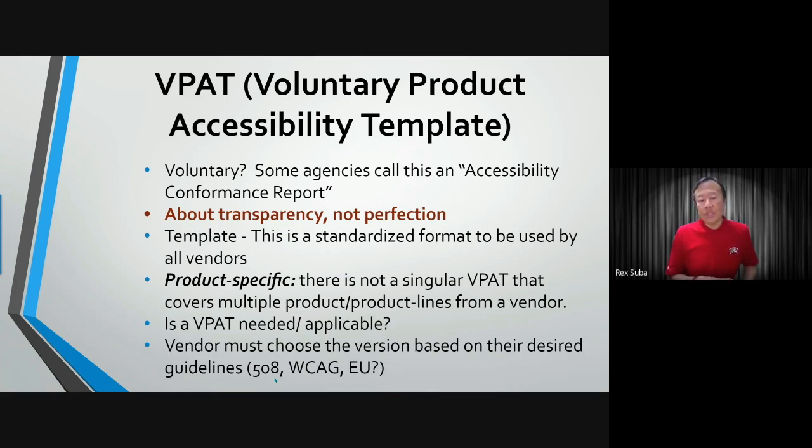Those are the items that are listed. Is it Section 508, which is a federal statute? Is it the WCAG, the Web Content Accessibility Guidelines, or for something particularly international, the EU's idea of what accessibility is, which encompasses all of those and more.